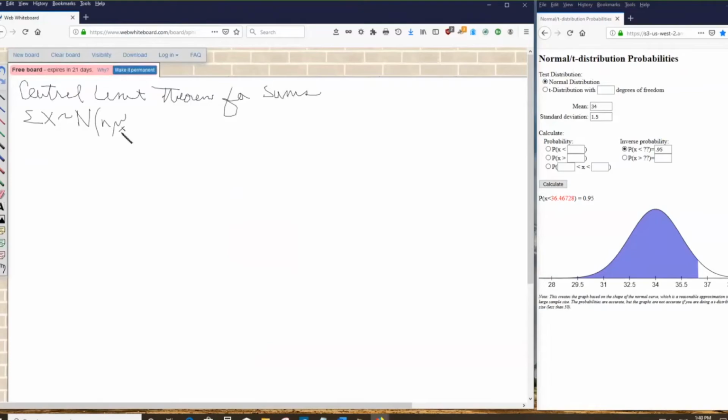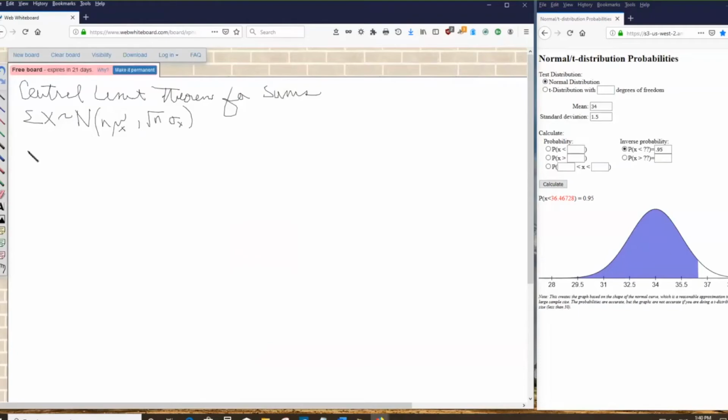So the sample size times the original mean gives you the mean of the sum. And then your standard deviation is going to be the square root of the sample size times the original standard deviation.